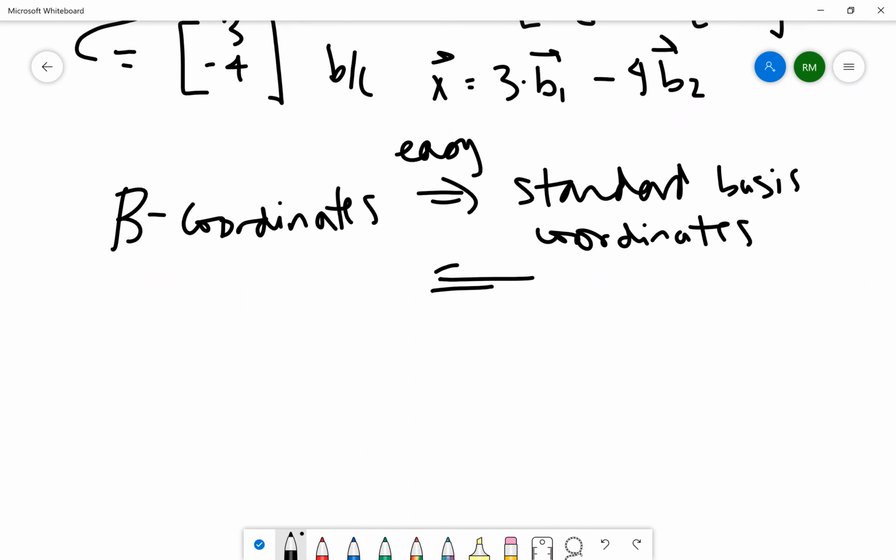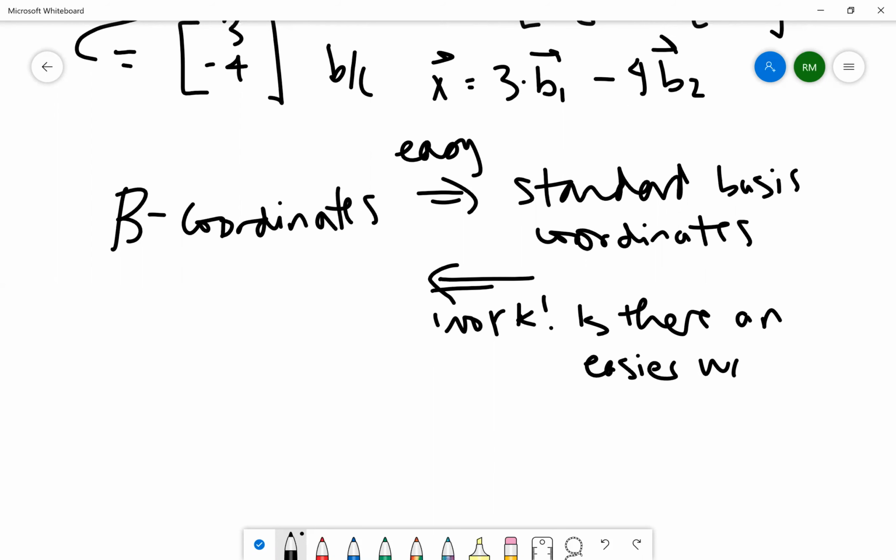Going the other way can be a lot of work. Is there an easier way? And that's what we're going to answer right now.